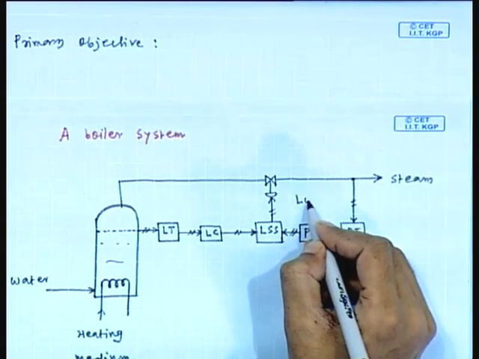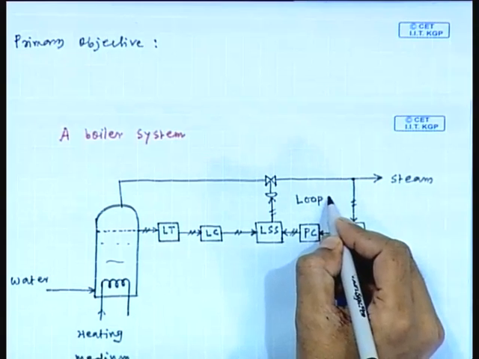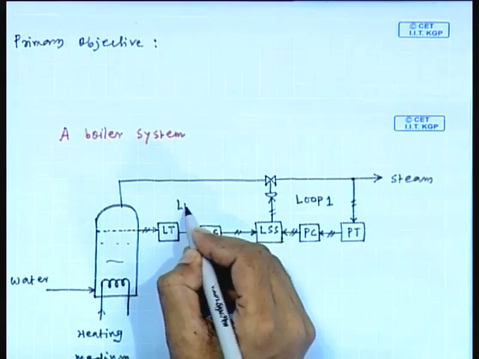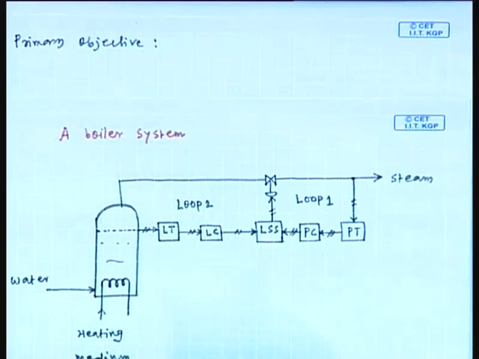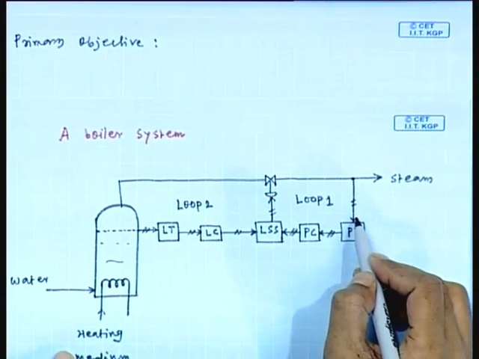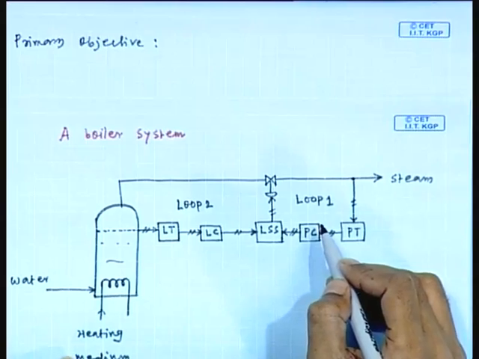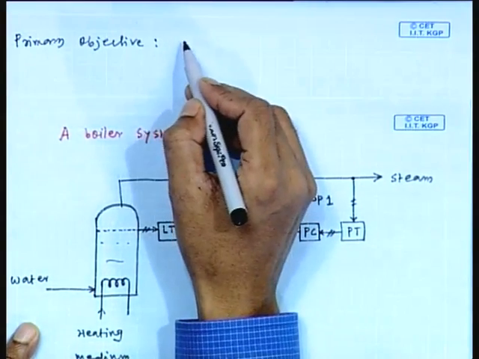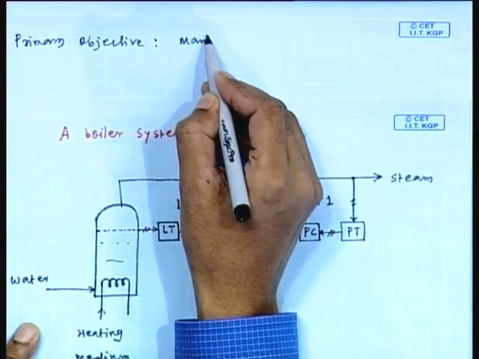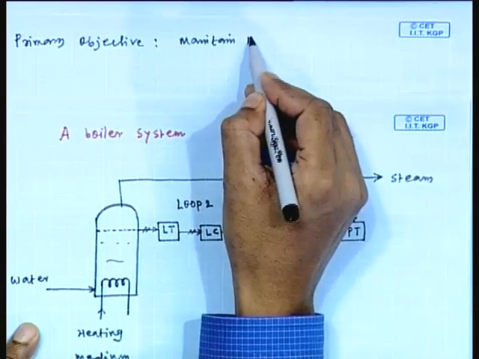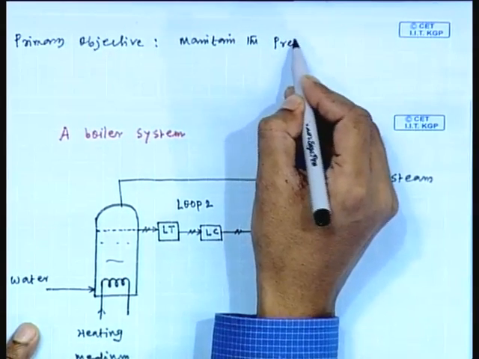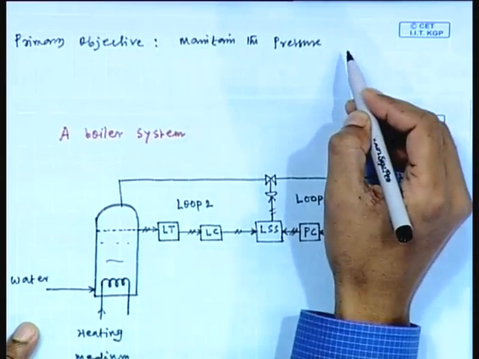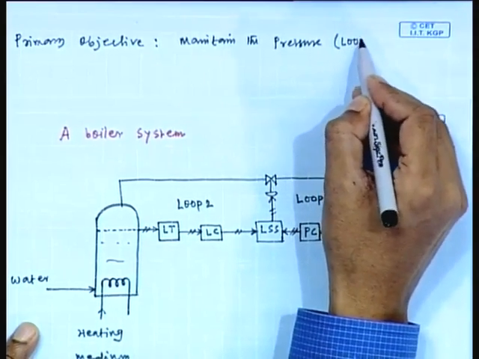Suppose this is loop 1 and this is loop 2. So, the steam pressure is controlled by the use of a pressure control loop. This is the pressure control loop, I mean loop 1. So, primary objective is to maintain the pressure by the use of loop 1.